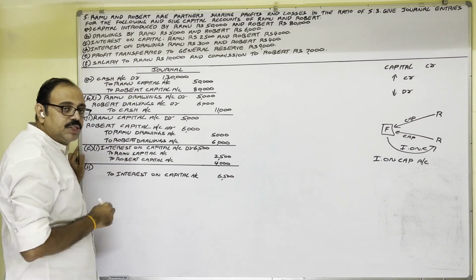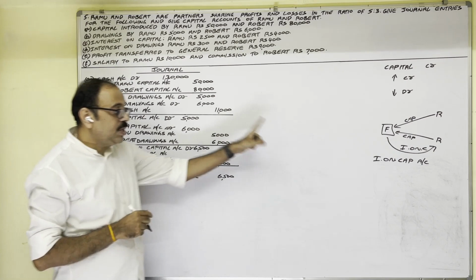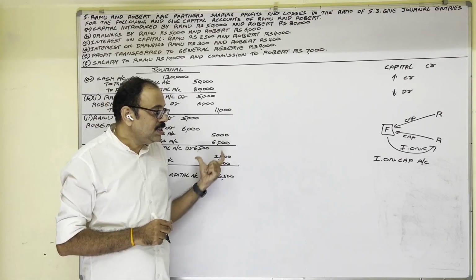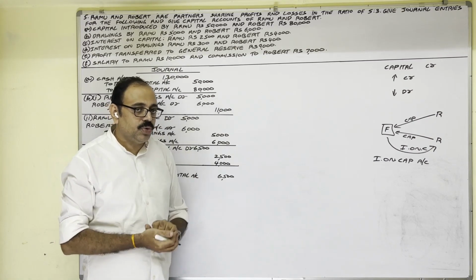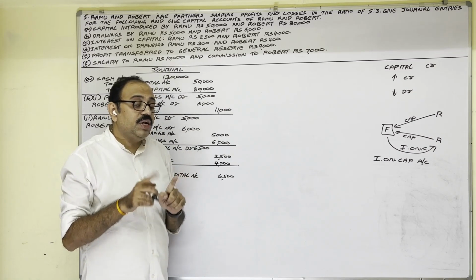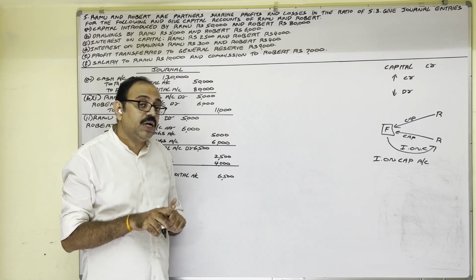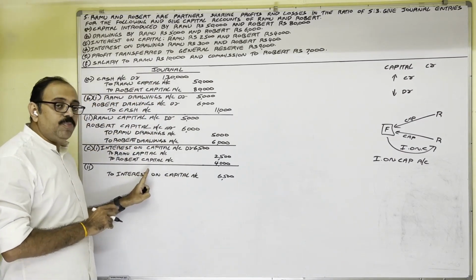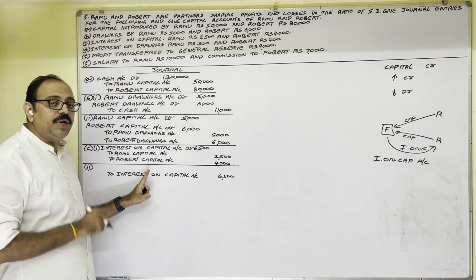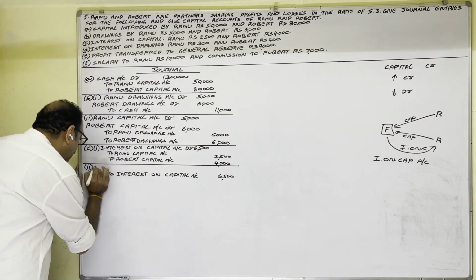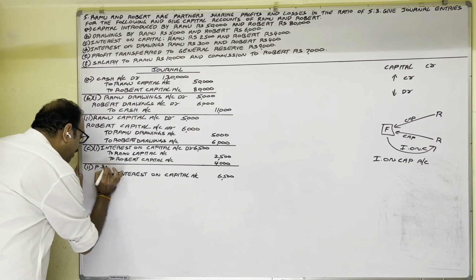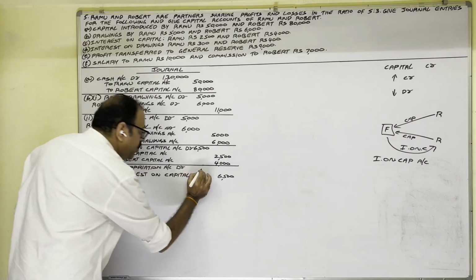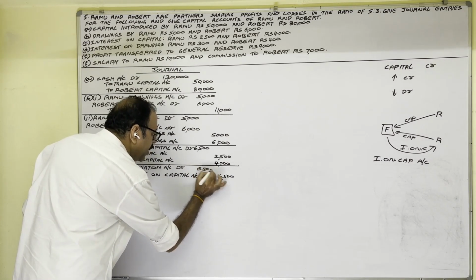Once you recollect previous problems, profit and loss appropriation account is a nominal account, so on the debit side we show expenses and losses, and on the credit side incomes and gains. If you want to post interest on capital on the debit side of profit and loss appropriation account, while writing the journal entry, profit and loss appropriation account should be debited. So debit that account, profit and loss appropriation account, same amount, 6,500.